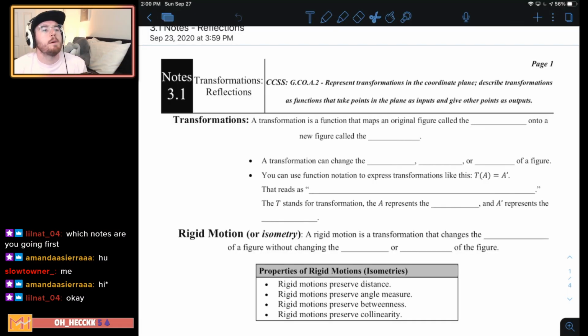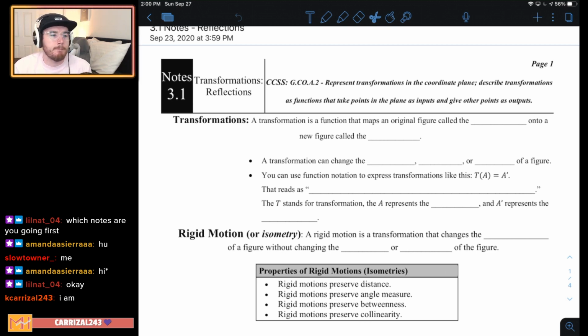Who else is Geo? Anybody else Geo out there? We got another.